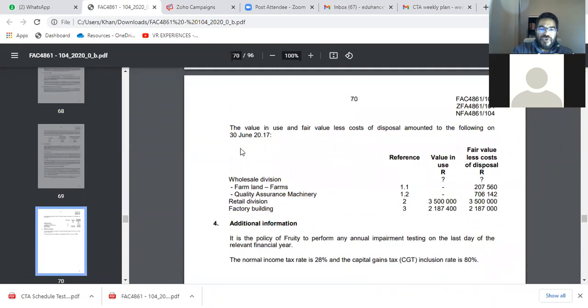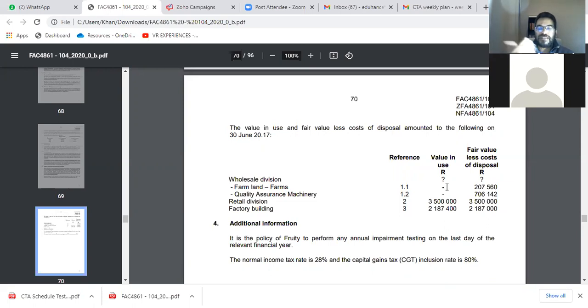So the value in use and fair value less cost of disposal amounted on 30th June. For the wholesale division, they gave us information to calculate that. Then they're giving you the value in use and the fair value less cost of disposal for the farms. There's no value in use for the farms.